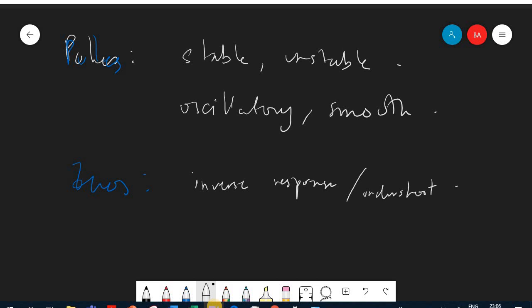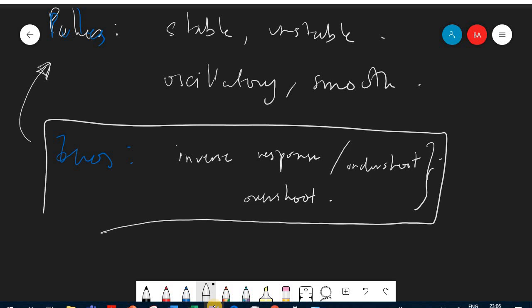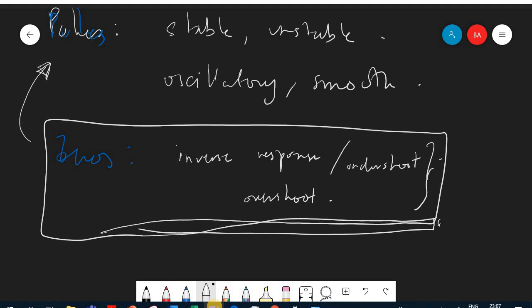Or it will have an overshoot. And can zero affect the stability of the process or not? Okay, so does it affect the stability? There's nothing here about stability, so no, it does not affect the stability at all.